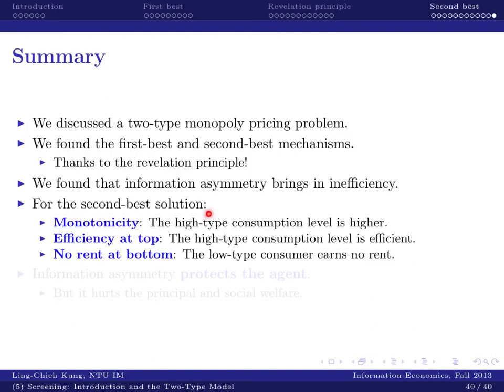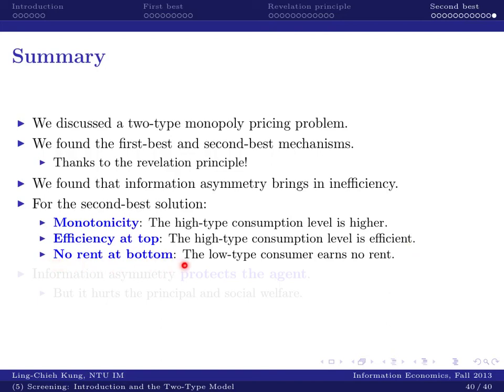For the first best and second best solution, we found something: monotonicity. The high-type consumer will consume more than the low-type consumer. Also, the so-called efficiency at the top. The high-type consumption level is efficient, the same as the complete information case.